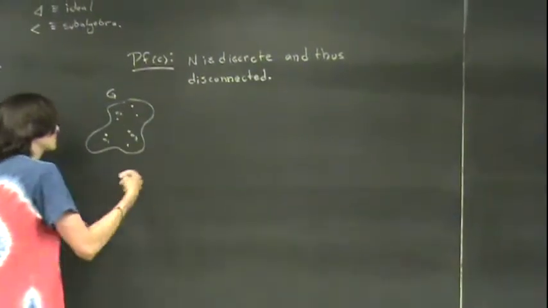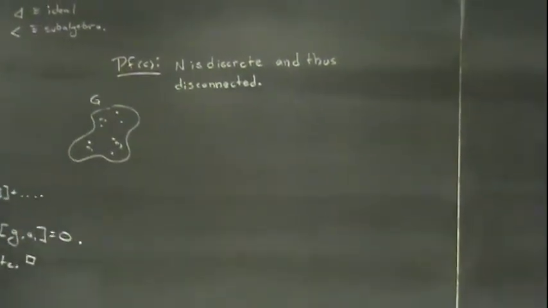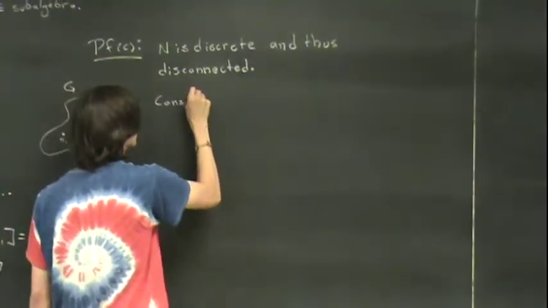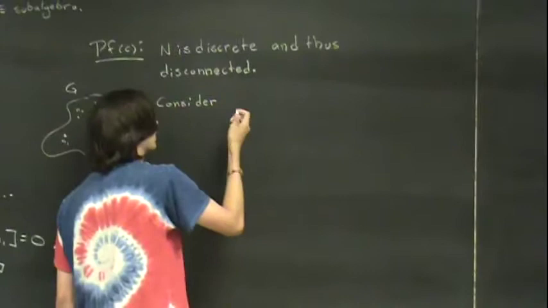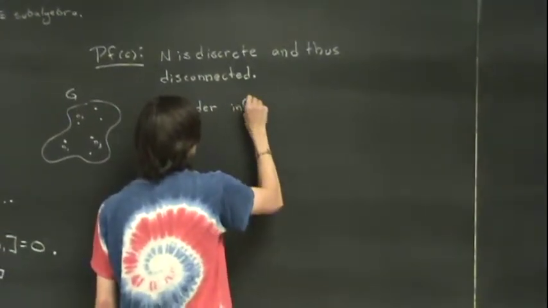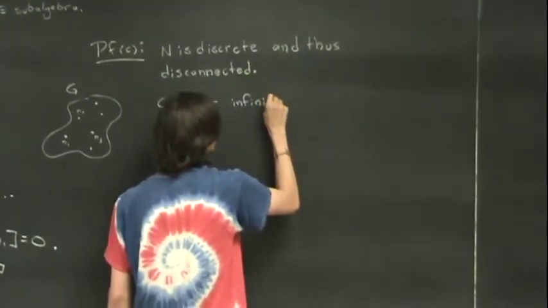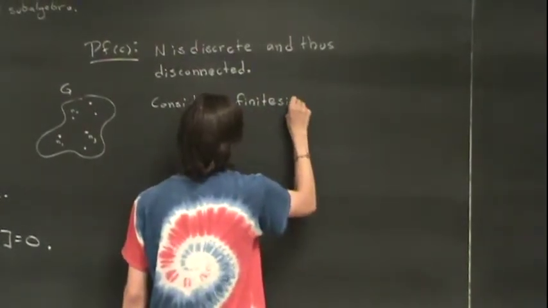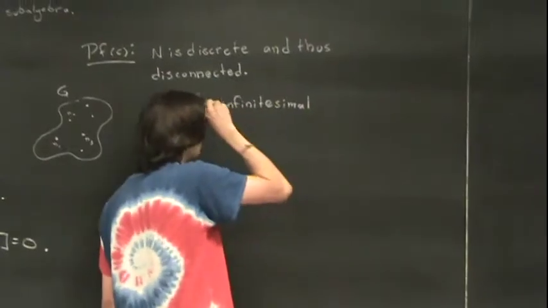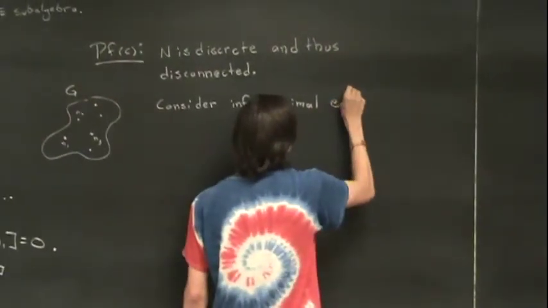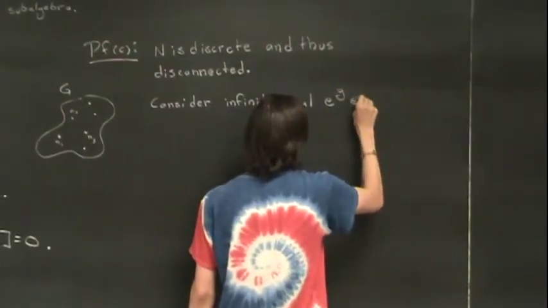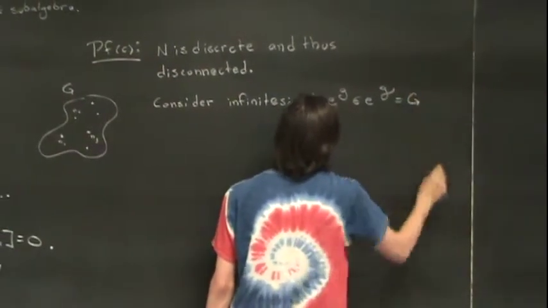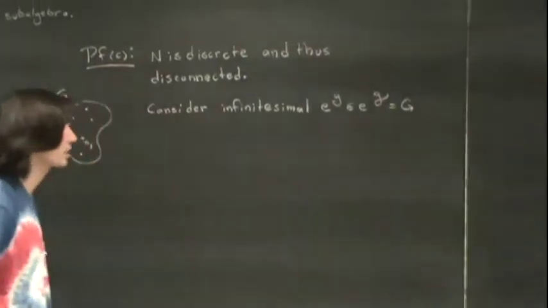They're all disconnected from one another. So what we want to do is consider infinitesimal e to the g, which is an element of e to the curly g, which is equal to g.